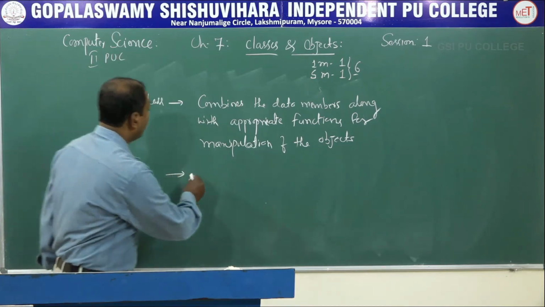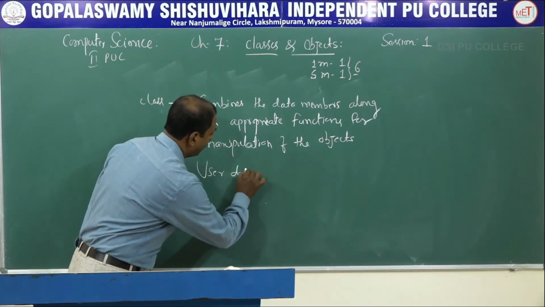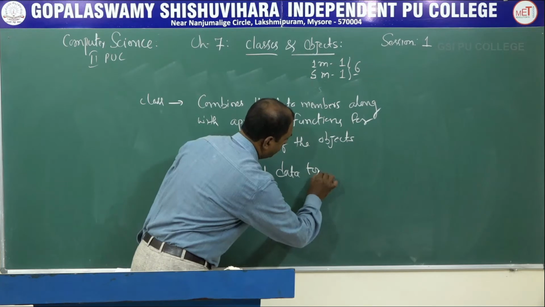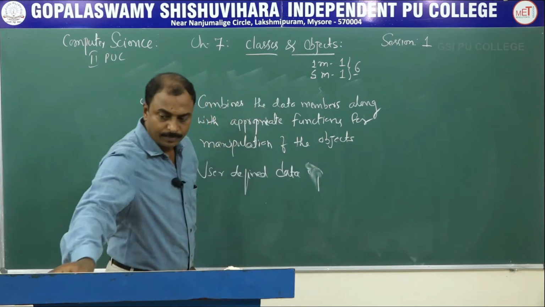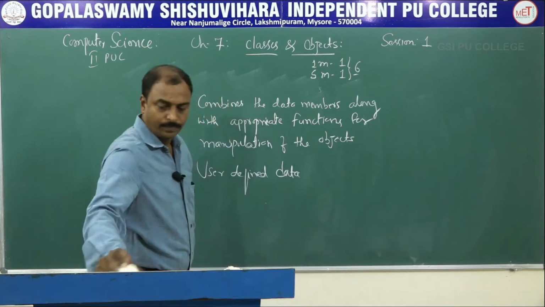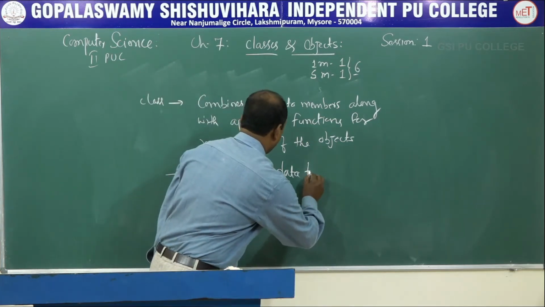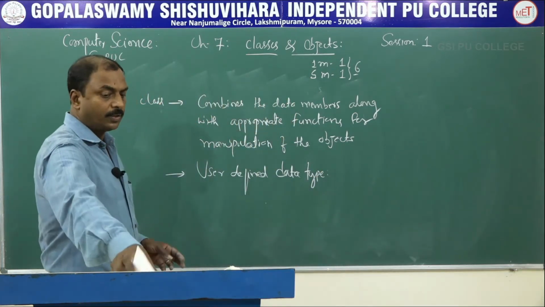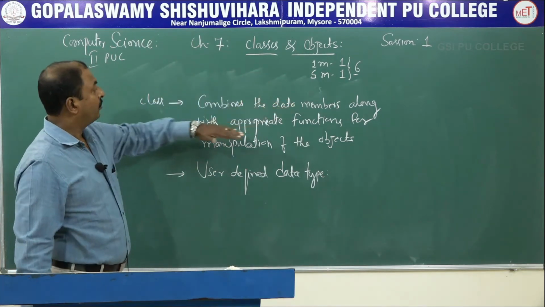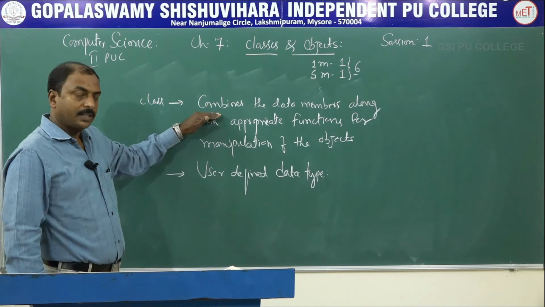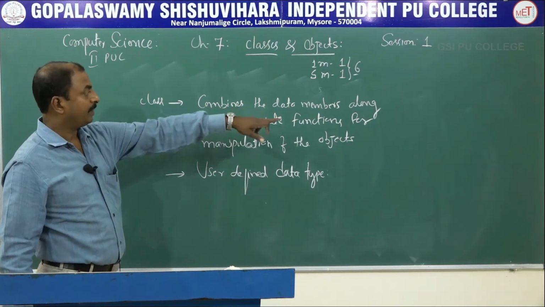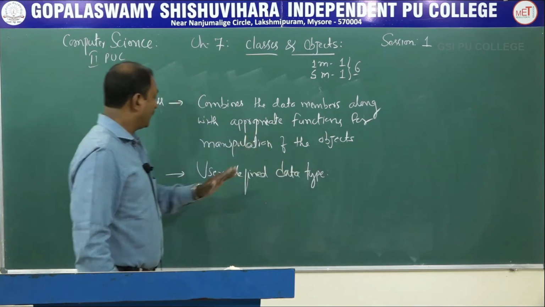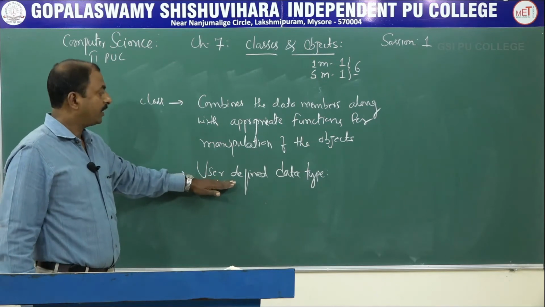So this class is a user defined data type. Okay students, hope you have understood what is a class and object, and how we represent class as well as objects. This class combines the data members along with the functions for manipulation with respect to objects, and it is also a user defined data type.